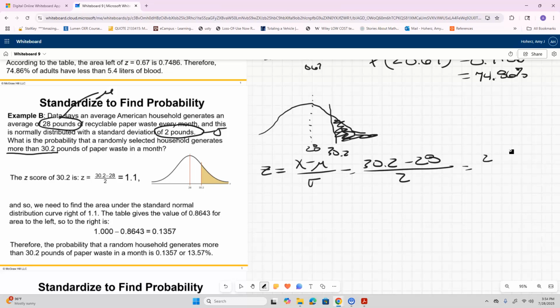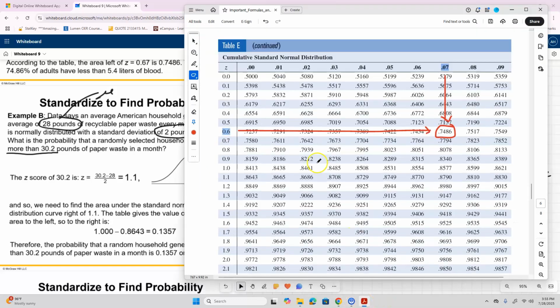And so we get 2.2 over 2, which comes out to be 1.1. So we're going to look on the chart, and we're on the second type because it's to the right, because it's above, we're going to use 1 minus the chart. So we're going to look this up on the chart, and then we're going to take 1 minus that value.